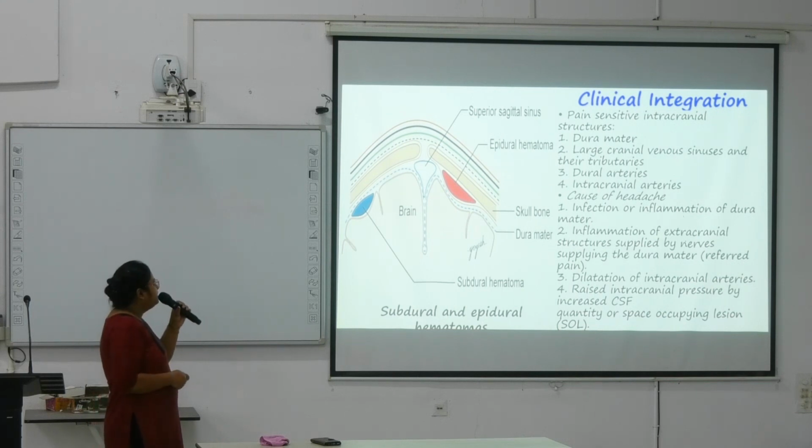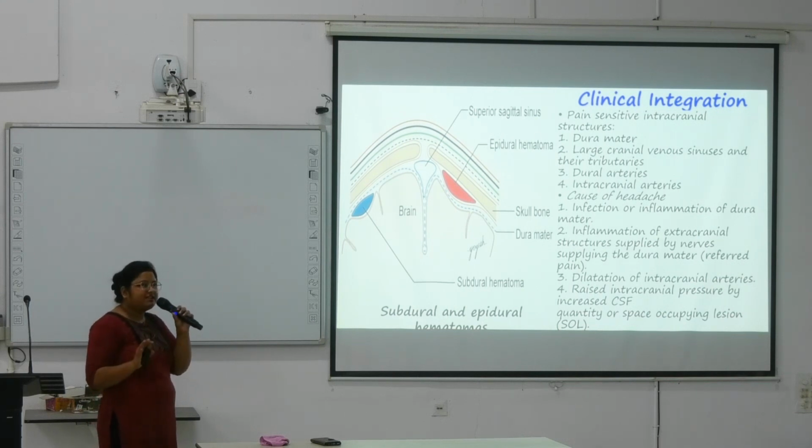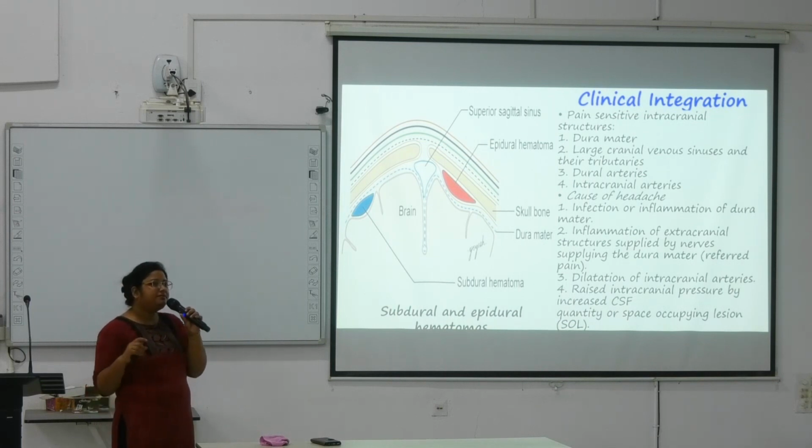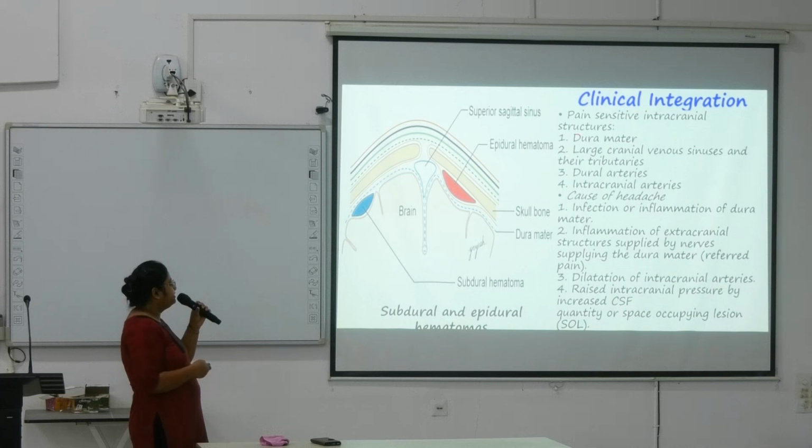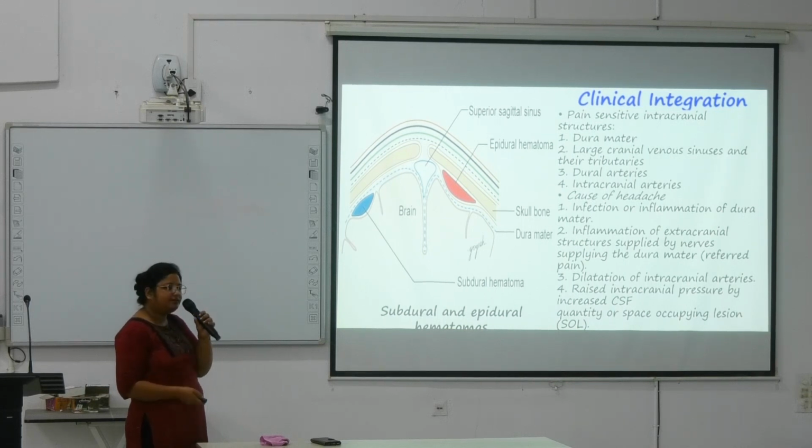Okay? The cranial cavity is a fixed cavity. Okay? If any of the structures increase in volume, another structure has to reduce in size. Okay? So these are the four pain sensitive structures. So if any of these are involved, there will be pain and headache.